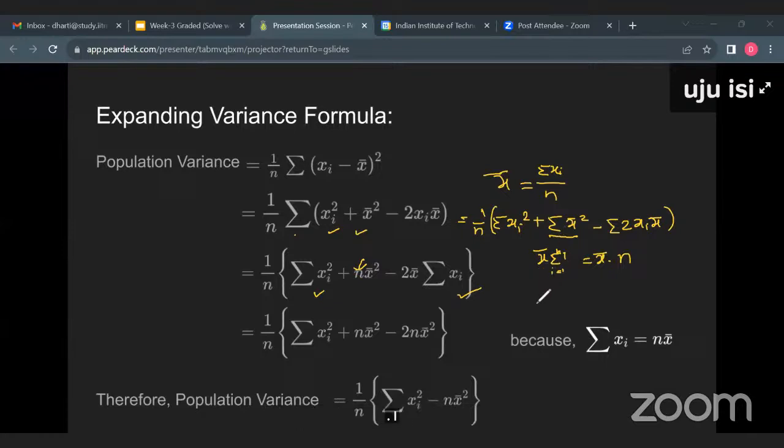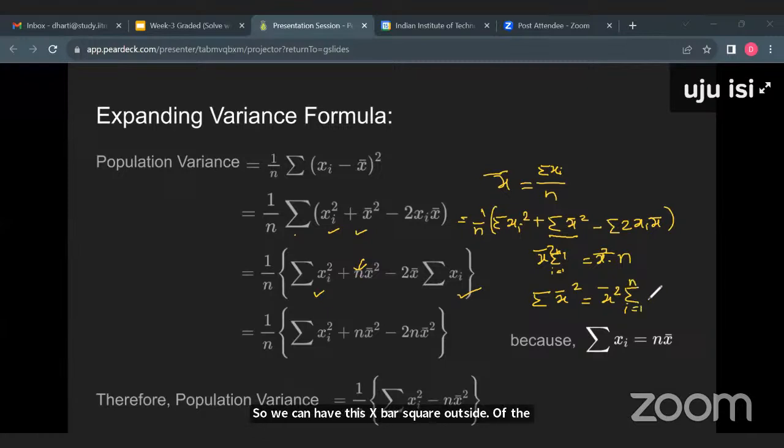So what we had was summation of x bar square. Here it is x square. We had summation x bar square. So x bar is what? Mean of the data set. Mean of the data set will be one fixed value, some constant value, right? So we can have this x bar square outside of the summation sign. The summation is running from i equal to 1 to n.